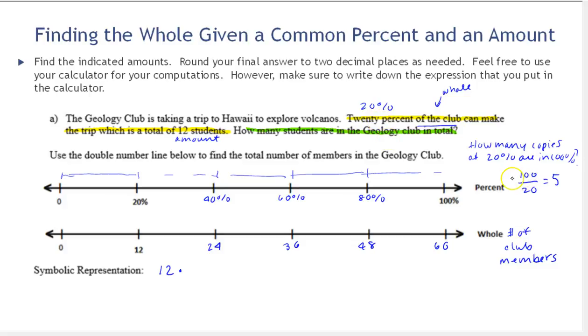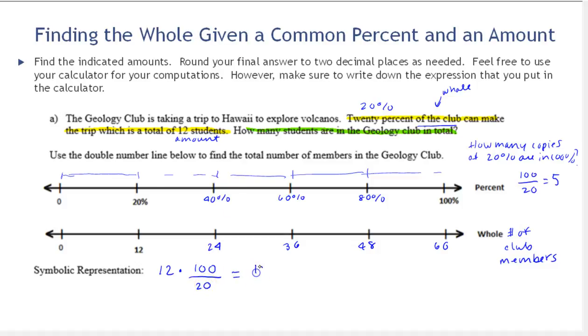It was take the 100% and see how many copies of 20% are in 100%. Okay, so this is where we got the 5 from. So here's our 100% whole that we're trying to find, and we're finding how many 20% are in this.